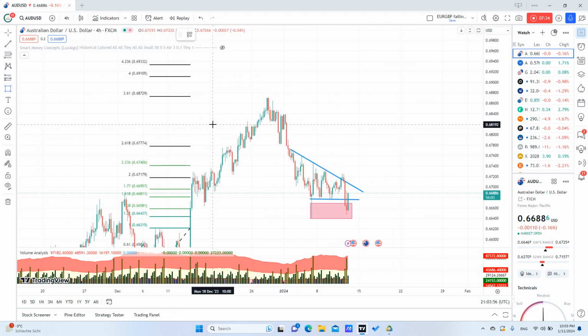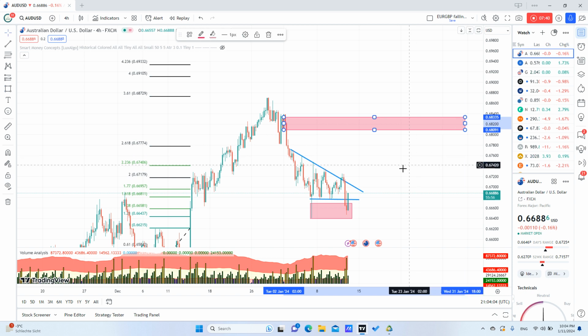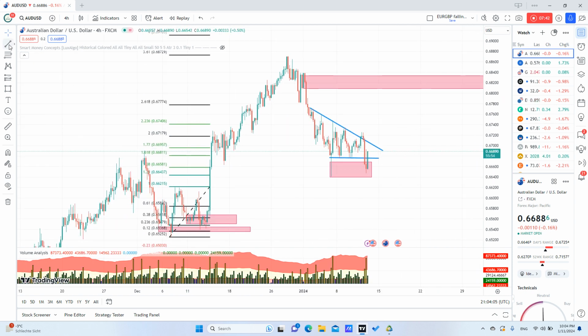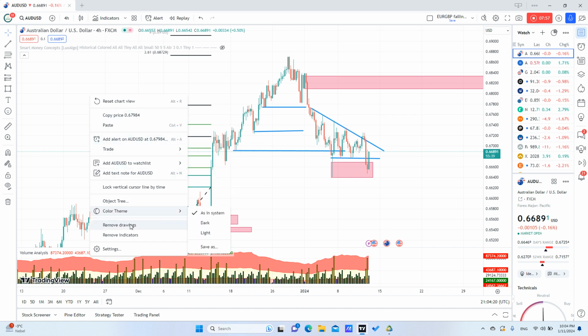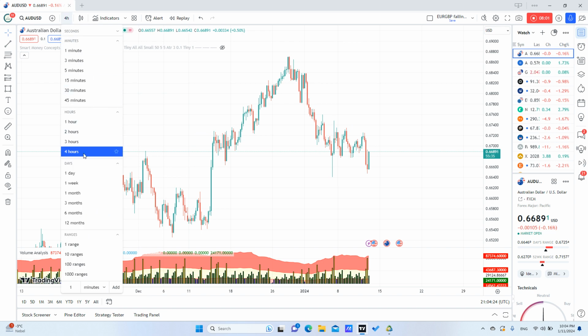I think we may go upwards from here, maybe, if AUDUSD continues to the downside, because we actually started to see some weakness on this pair. As you can see here, we broke many supports. Many structures were broken, but at the same time, I will remove drawings.